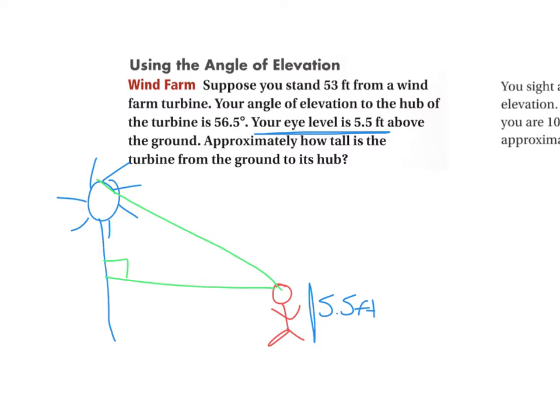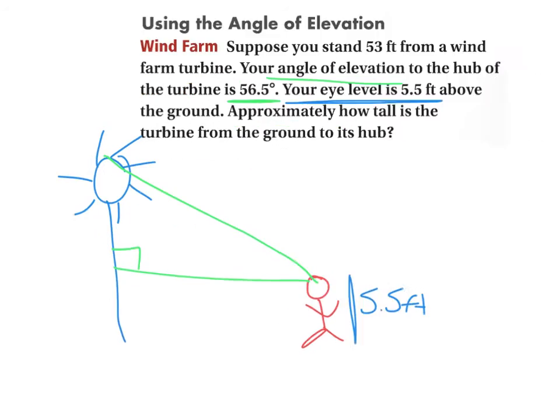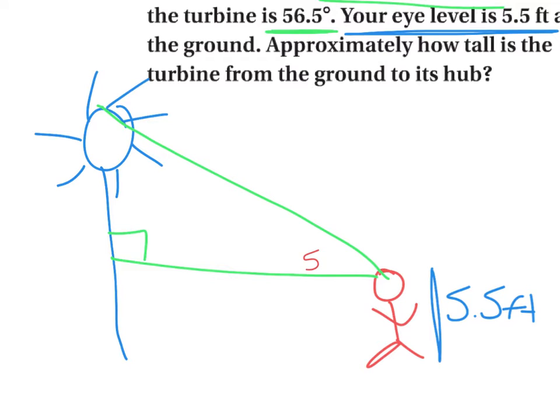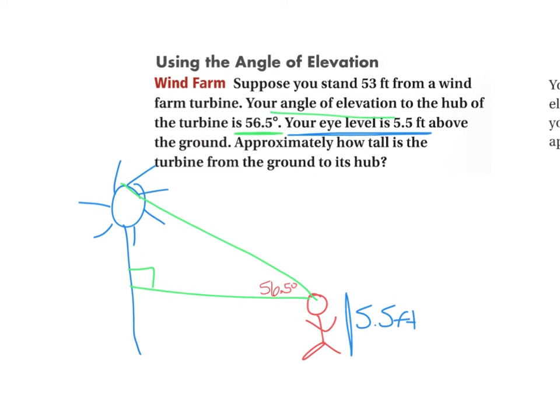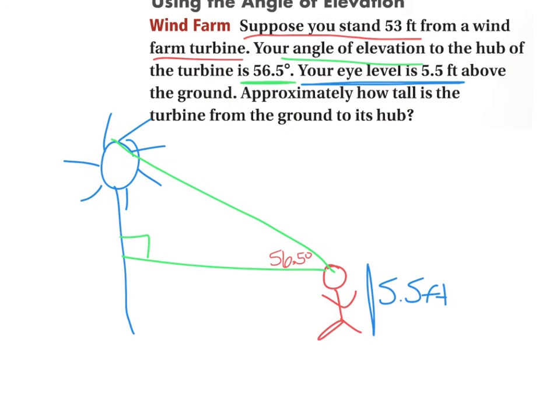It says the angle of elevation is 56.5 degrees. Where do I put my angle of elevation? I put it right here, because remember, angle of elevation is looking up. So this is 56.5 degrees. And the other number is, suppose you stand 53 feet from the wind farm turbine. So this bottom distance, from the base, is 53 feet.